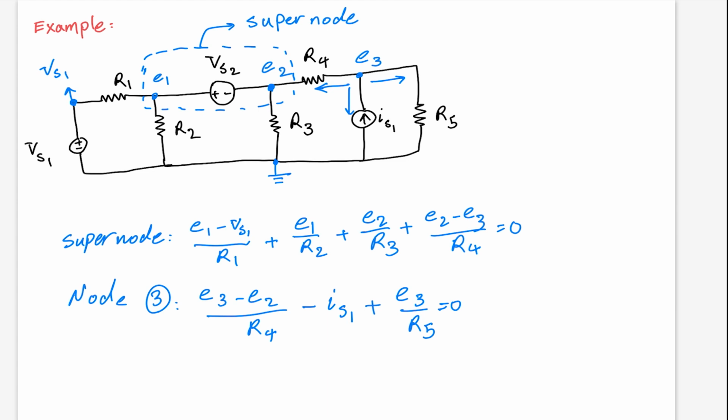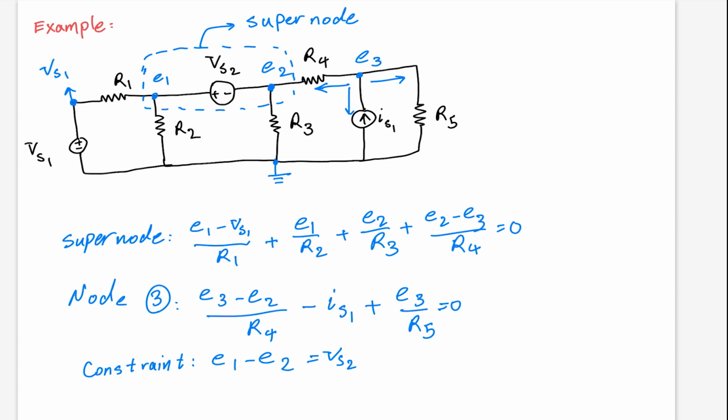And whenever we use a supernode in our example, we need to put some conditions. So our constraint is that E1 minus E2 is equal to Vs2.